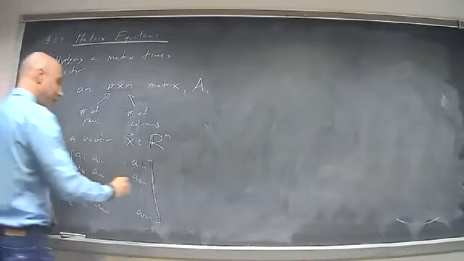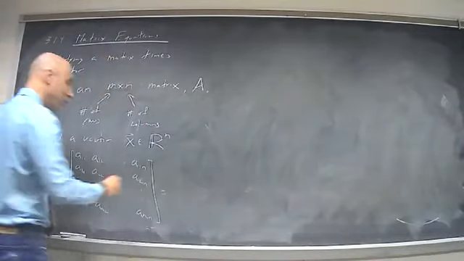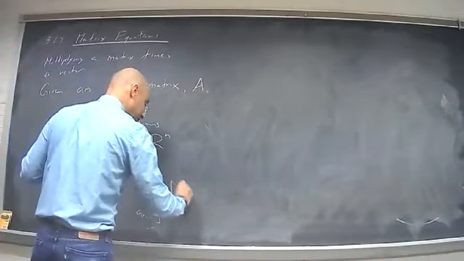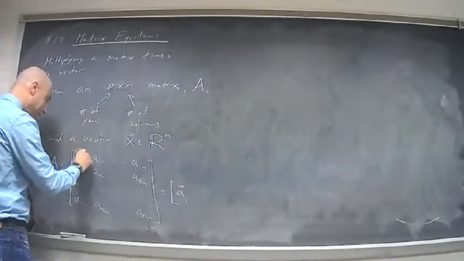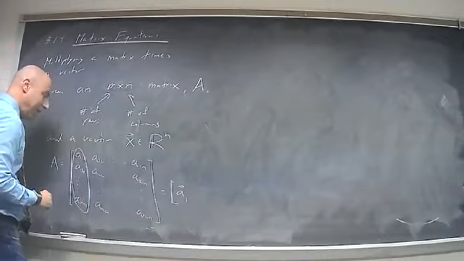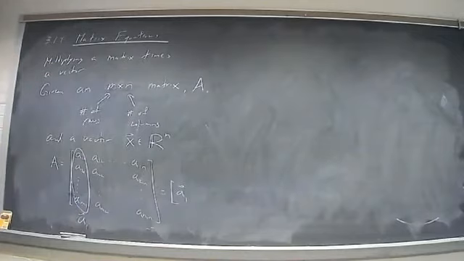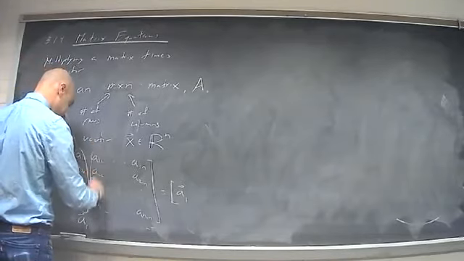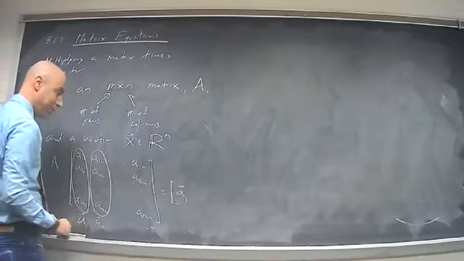But I'm also going to write it like this, as a sort of shorthand notation. That's a lot of letters to write. I'm going to group it by columns. I'm going to say A1 is this whole column vector. So here's vector A1, my first column. And vector A2 will be the second column, A2 with a vector symbol over top.